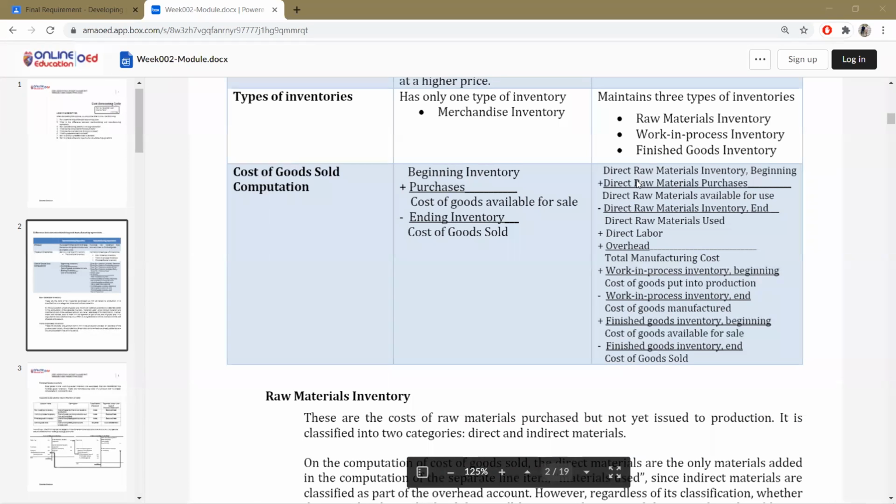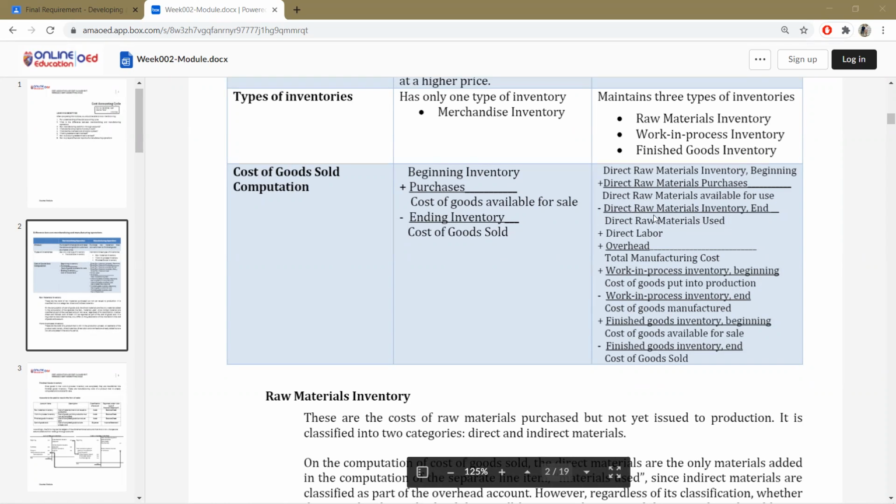So direct materials inventory plus raw material purchases. So it is inventory beginning, of course, then raw materials purchases, then cost of goods available for sale, but more specific here because there are different types of inventory: direct raw materials available for use, less indirect raw materials inventory, and is equal to direct raw materials used.